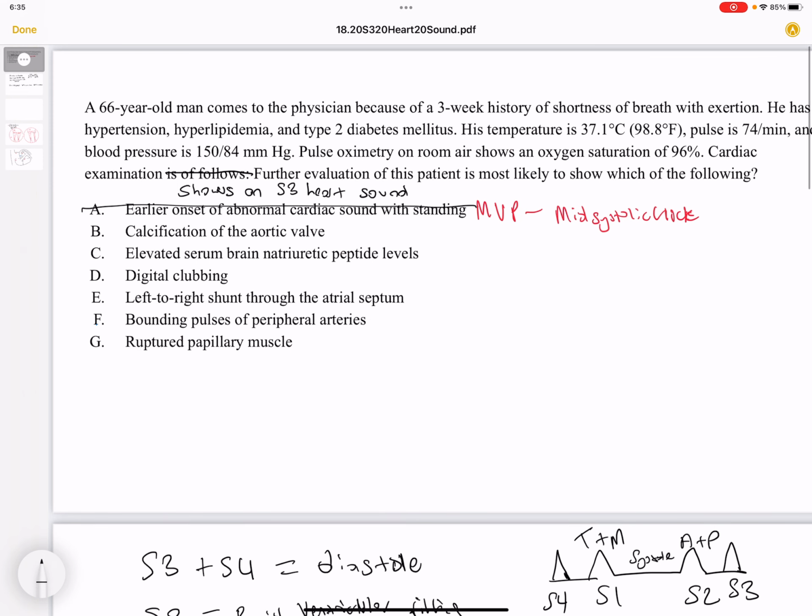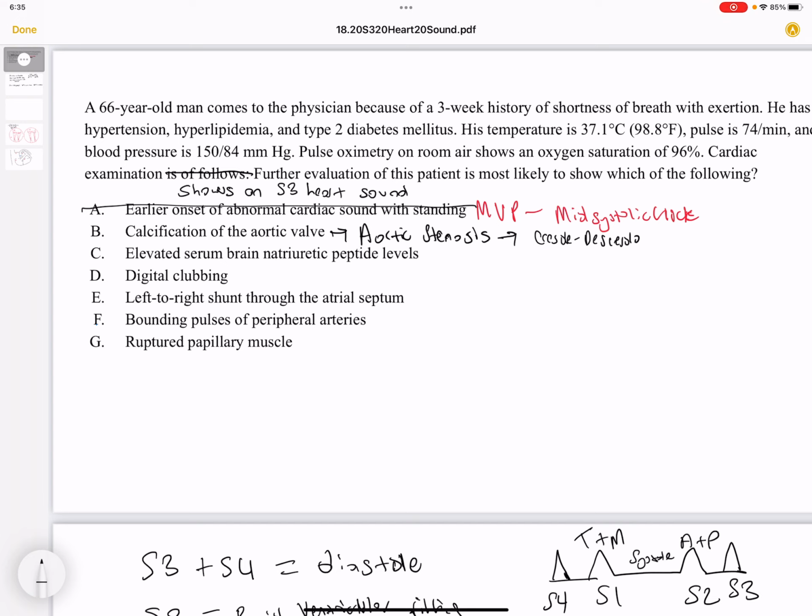Answer choice B is calcification of the aortic valve. Calcification of the aortic valve happens with aortic stenosis. Aortic stenosis is going to give us a systolic murmur that is going to be a crescendo-decrescendo murmur.